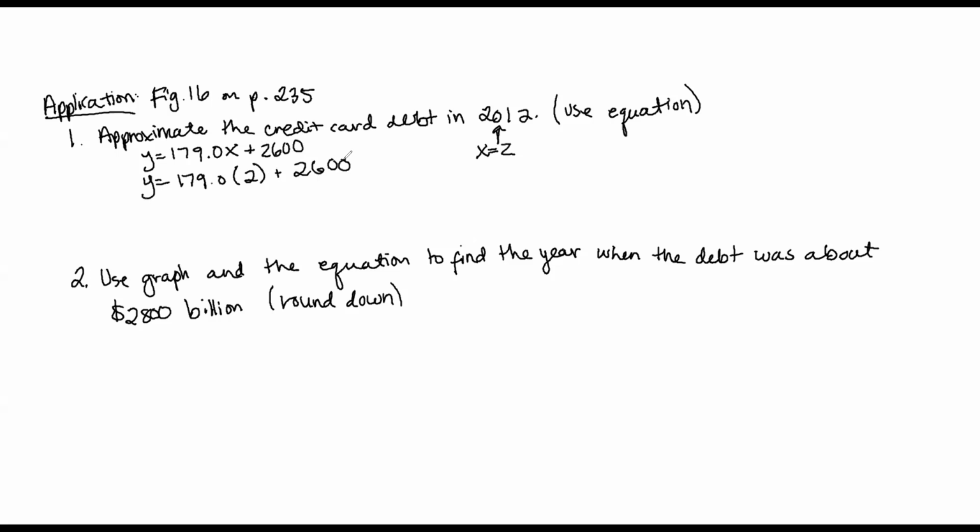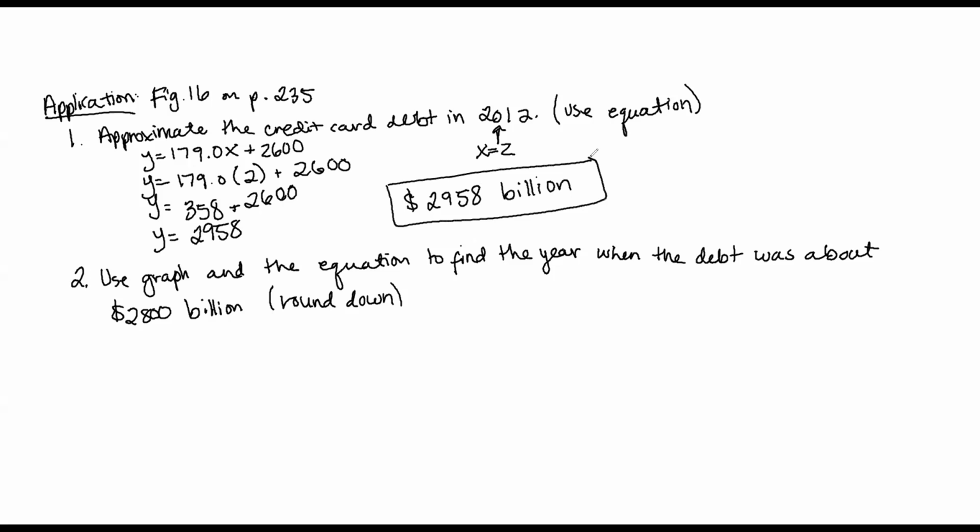So if we go ahead and double 179, we get y equals 358 plus 2600. And then if I add those two together, we get 2958. So this is our credit card debt. And so remember, this is in billions of dollars. So we're going to put 2958 billion, dollar symbol in the front.